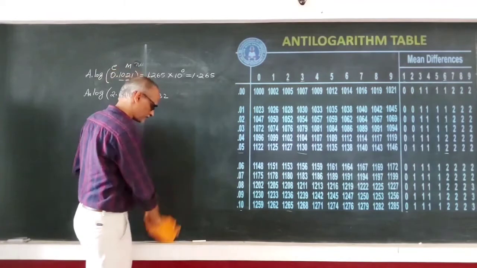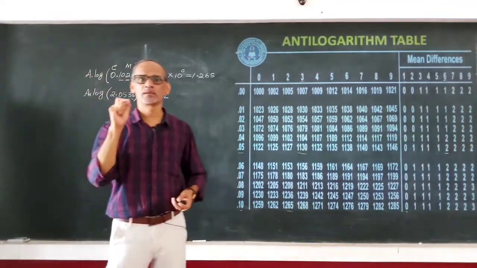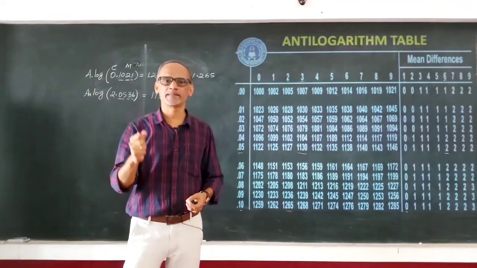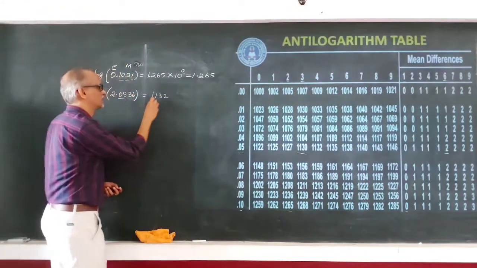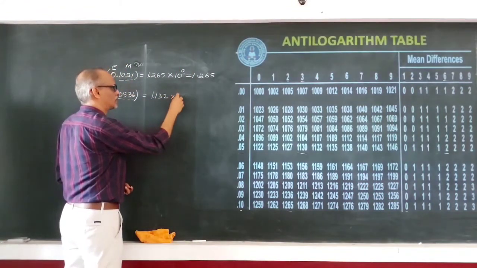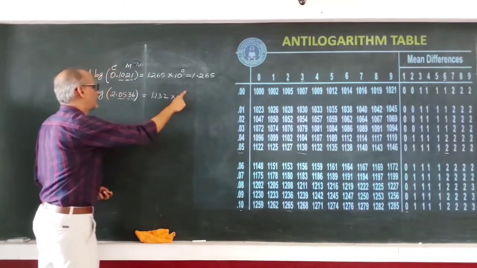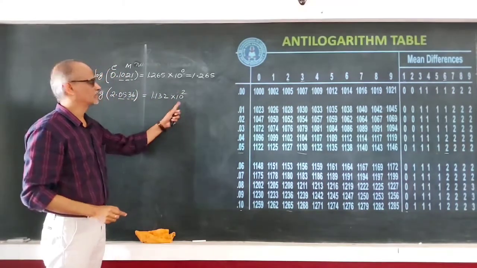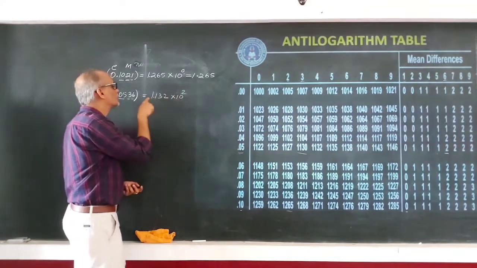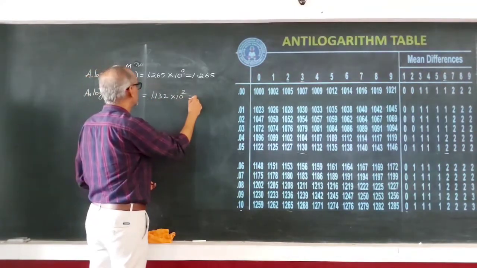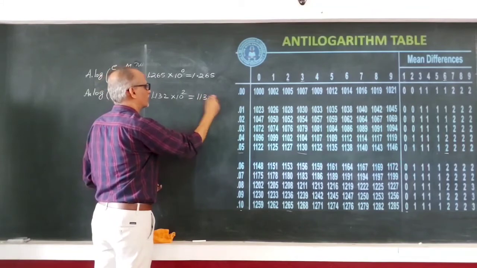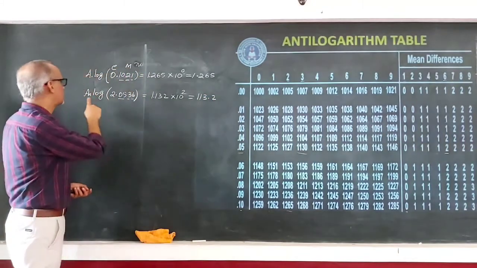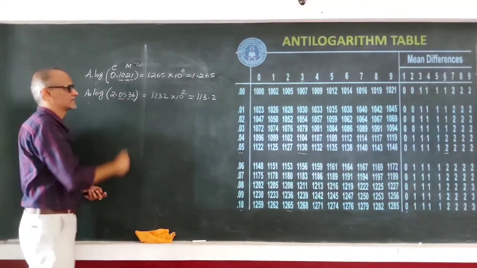After that, you write the decimal point always after the first digit, which is here. Multiply by what? 10 to the power, and that power has to be this, which is 2. What is 10 power 2? It's 100. 100 into 1.132 is nothing but 113.2. So that's the antilog of 2.0536.